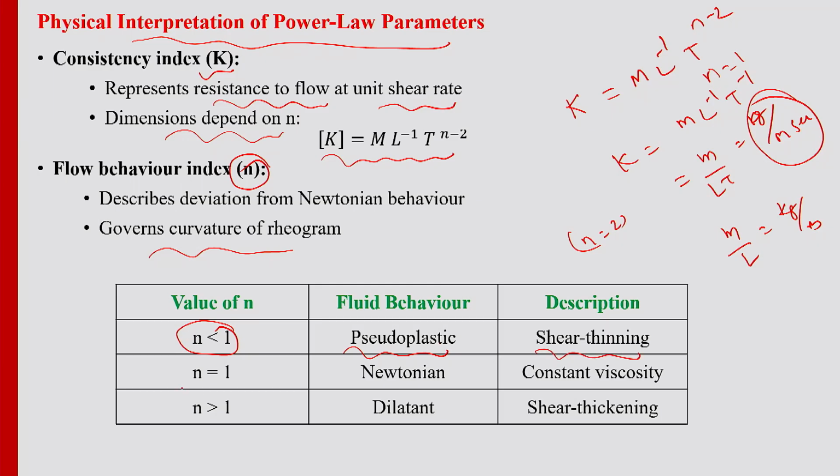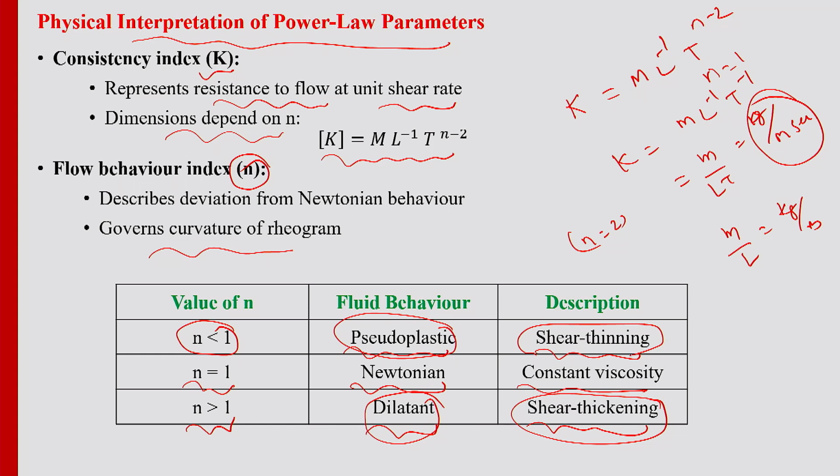If n equals 1, it is a Newtonian fluid with constant viscosity, because the viscosity does not vary. If n is greater than 1, we call it dilatant, a shear thickening fluid. When n is less than 1, it is a pseudoplastic, a shear thinning fluid.